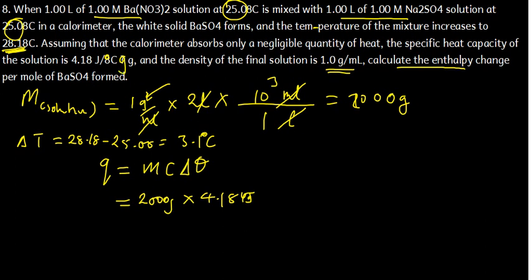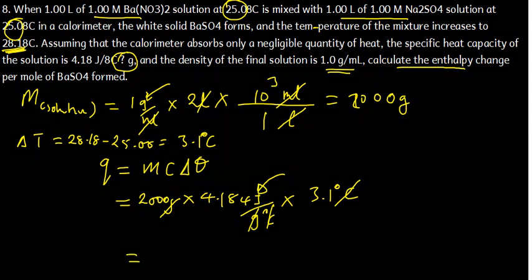So the unit for specific heat capacity is joules per gram degree Celsius. And then times the change in temperature, which you've seen as 3.1 degrees Celsius. So the degree Celsius cancels with this degree Celsius. Notice that this gram is going to cancel with this gram. So our heat is going to remain in joules.